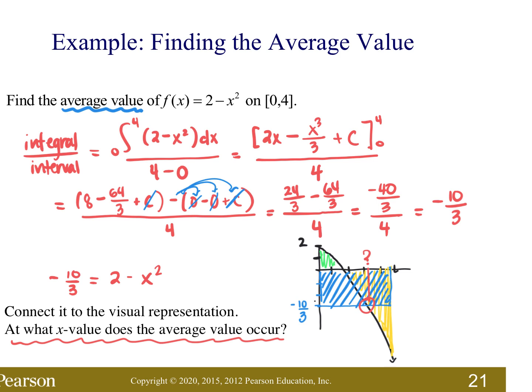Subtract 2 from both sides. That would give you negative 16/3 equal to negative x squared. Since they're both negative, you can divide both by negative 1, so I can get rid of my negative signs. And then I can apply a square root. I would have both plus and minus the square root of 16/3, but clearly this is the square root of positive 16/3, because that's going to be the one that's between 0 and 4 on the x-axis.